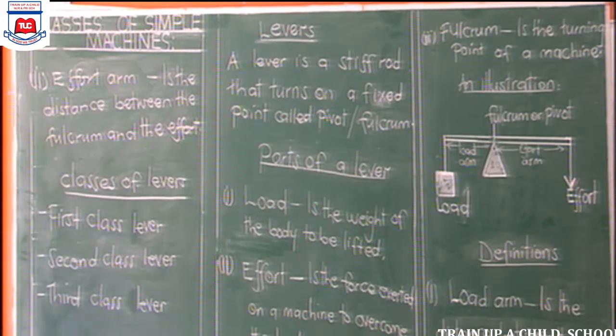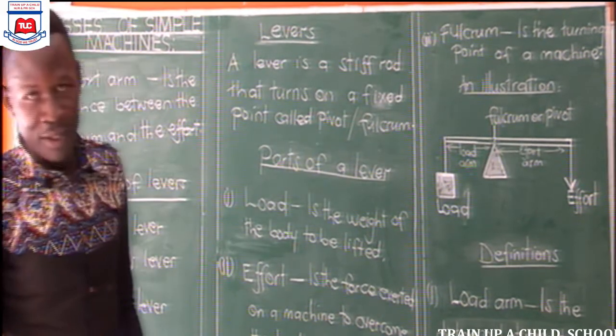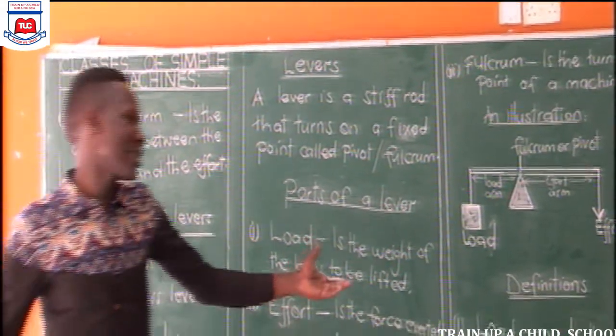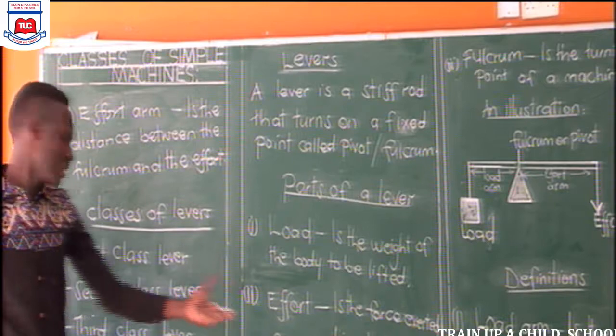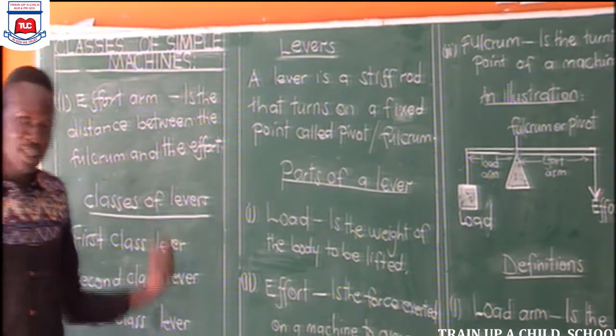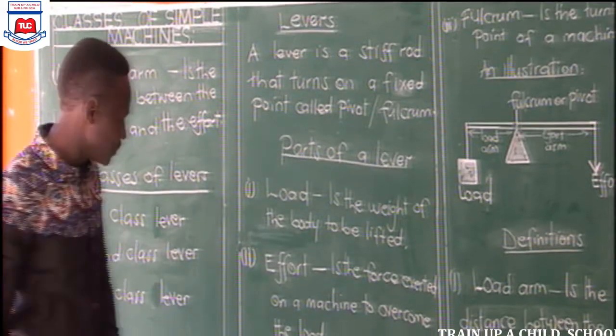These are the classes of levers that are taught in 7. Even when you go to senior 1, we have this. So these are the classes of levers which are taught.